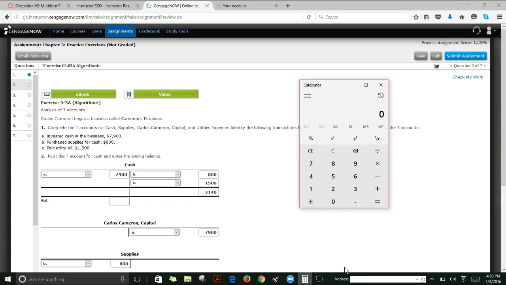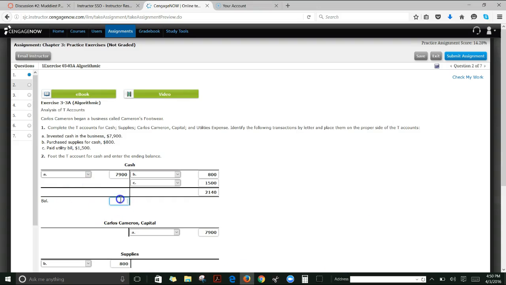And then what I want to do is subtract the left side from the right side. Cash is an asset, so it's a debit balance, so it should normally have a debit balance. If it has a credit, that means we're in the red. We've already overspent cash. Most of us understand that. 7,900 minus 2,140 equals a balance of 5,760.